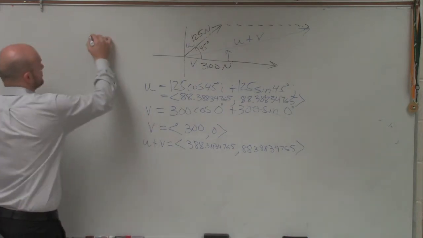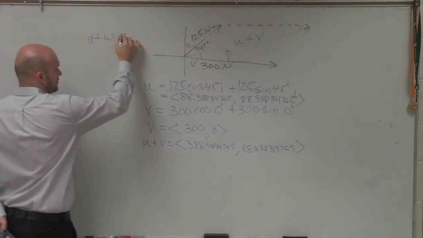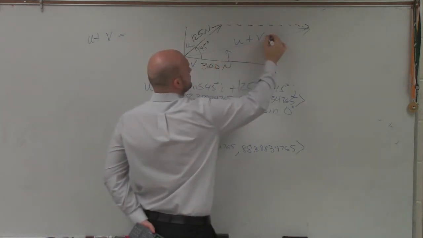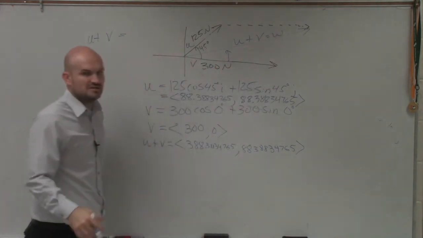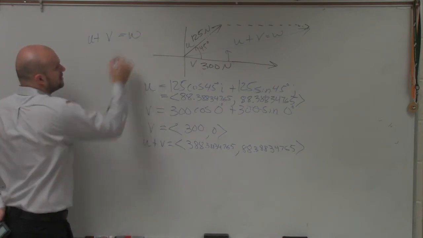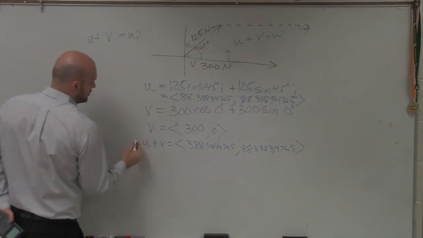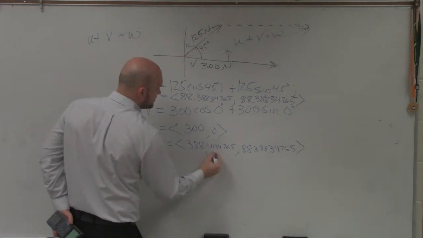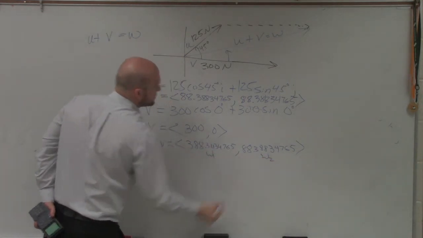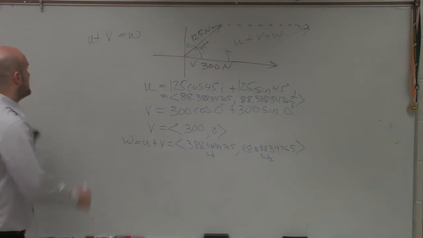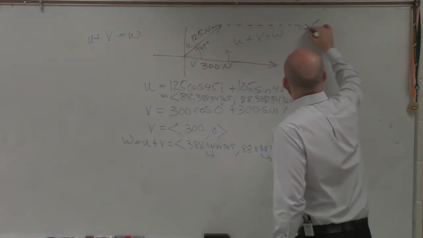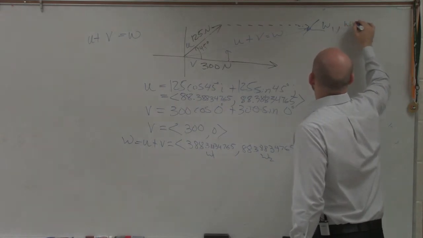Let's call u plus v now w, just to make things simple. OK? The reason why is because I want to write this as w1 and w2. All right? So now this endpoint is w1, comma, w2.